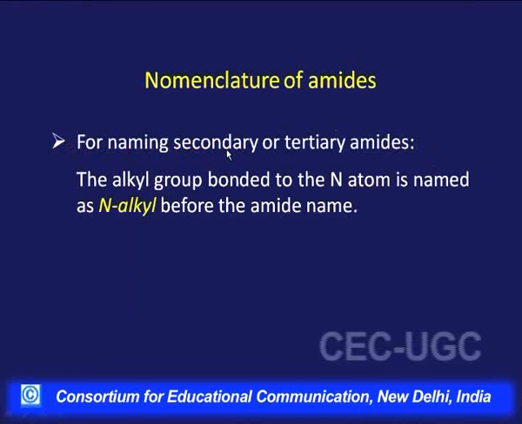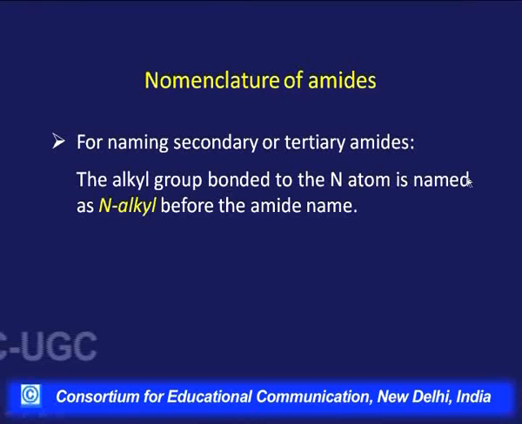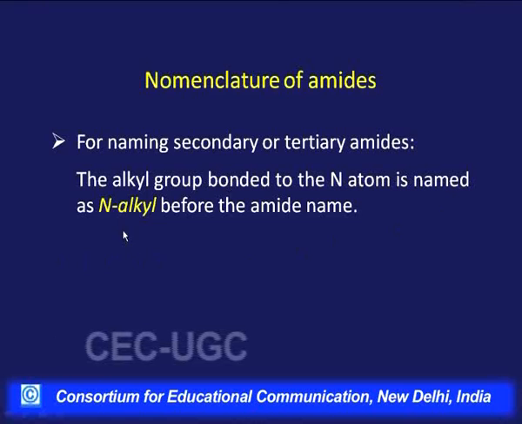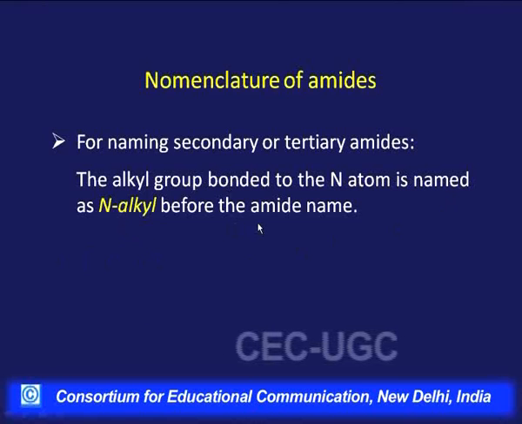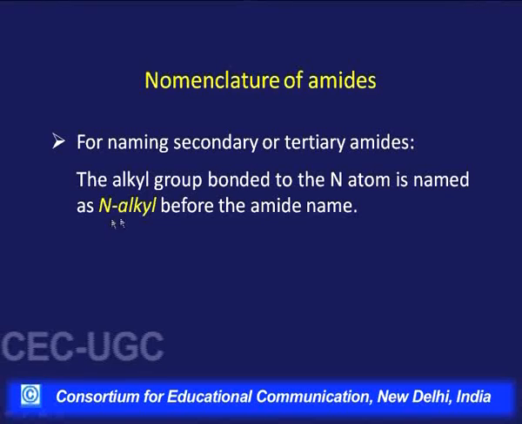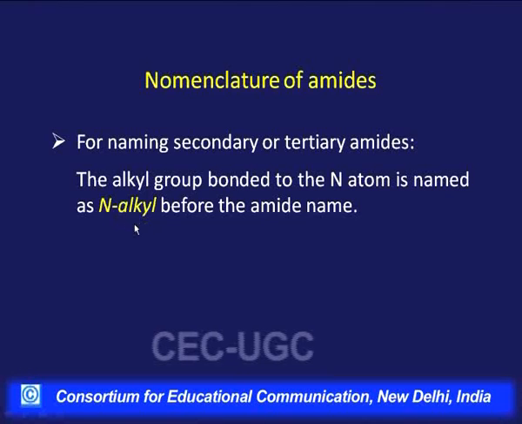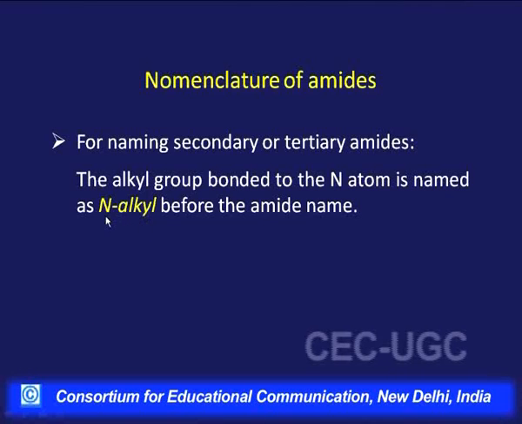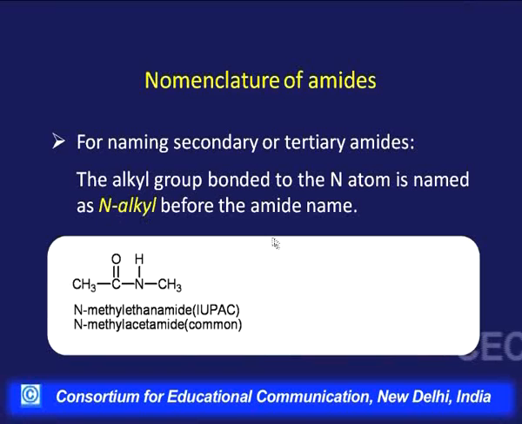Then for naming these secondary or tertiary amides, the alkyl group which is attached to nitrogen is named as N-alkyl before the name of the amide. Whether it is the common system or IUPAC system, we will write a capital N and then name of the alkyl group. This is just to indicate that this alkyl group is attached to the nitrogen of amide, such as this compound.